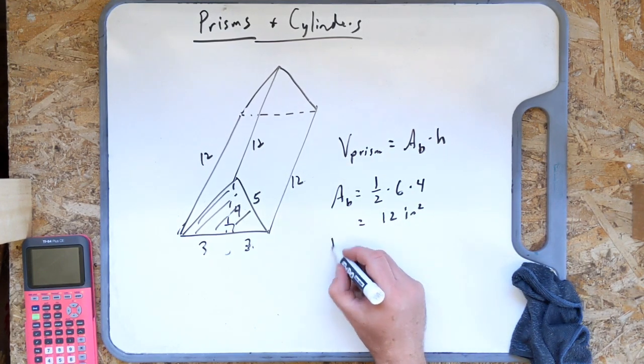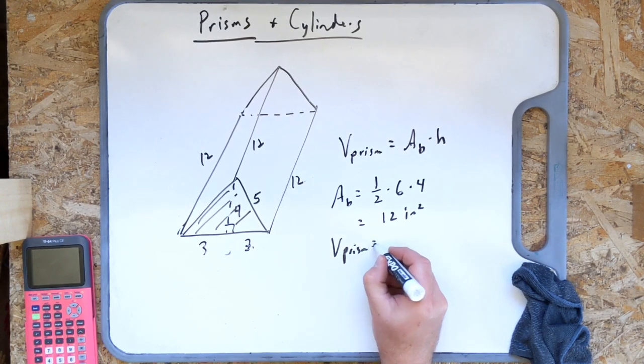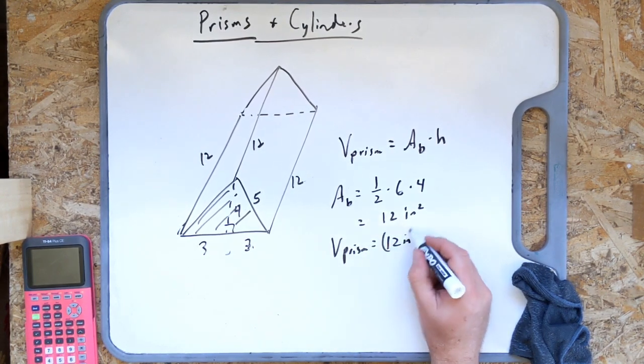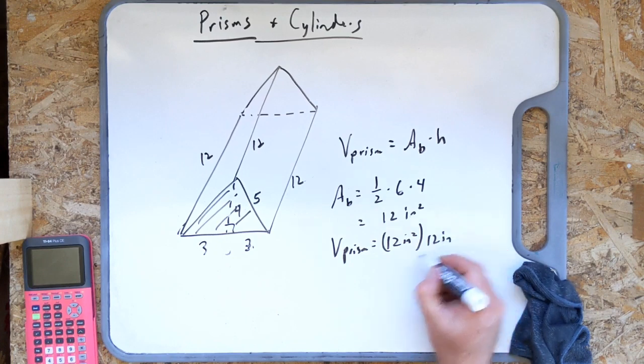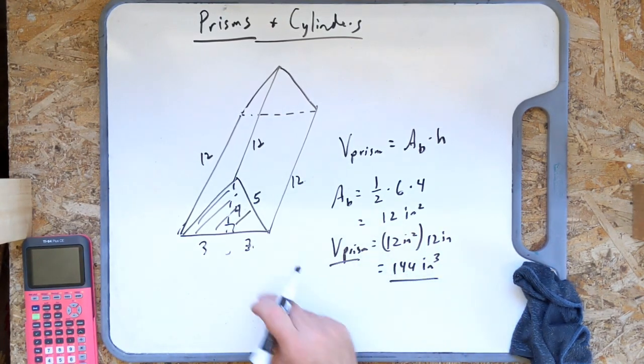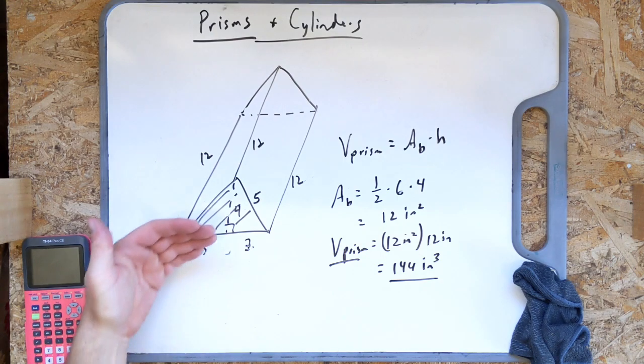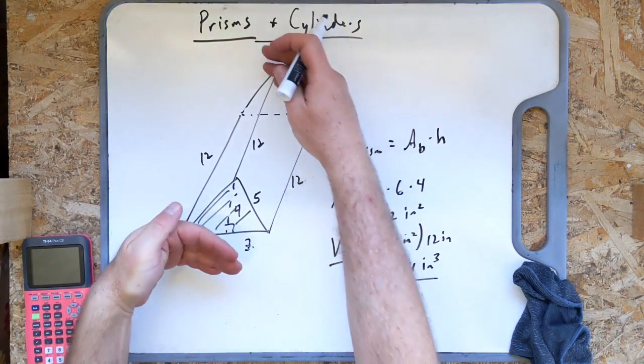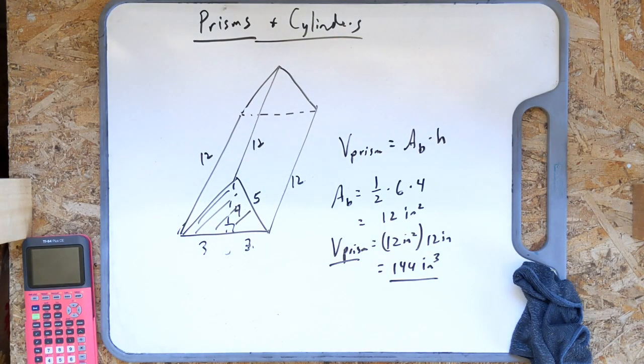And then I have to multiply that 12 square inches times the height, which is 12 inches, and I get 144 cubic inches. That's my volume. So again, important to know which one is the base. The base is, again, not the bottom, but the parallel parts.